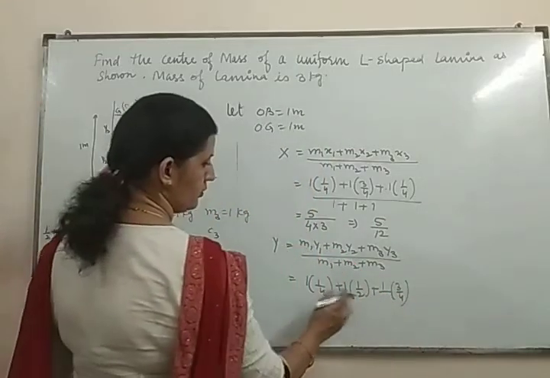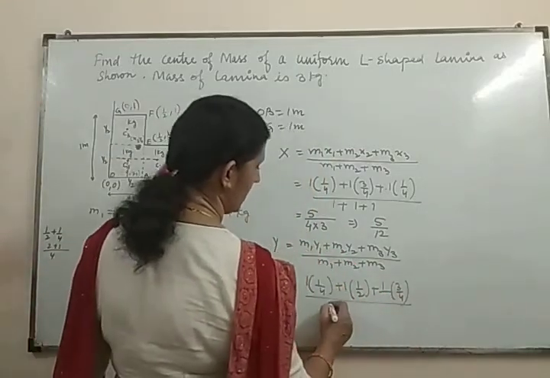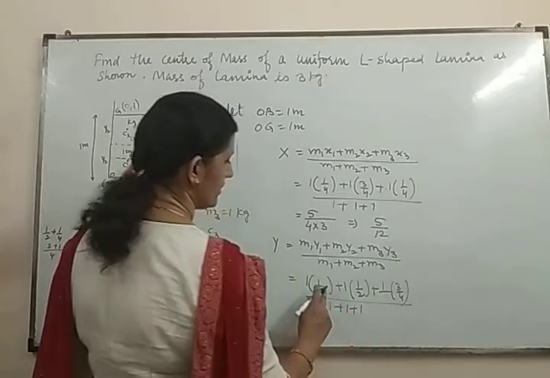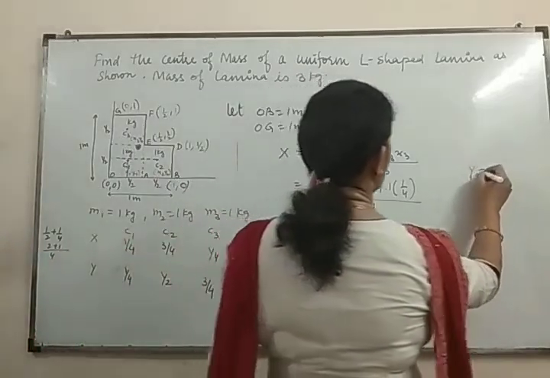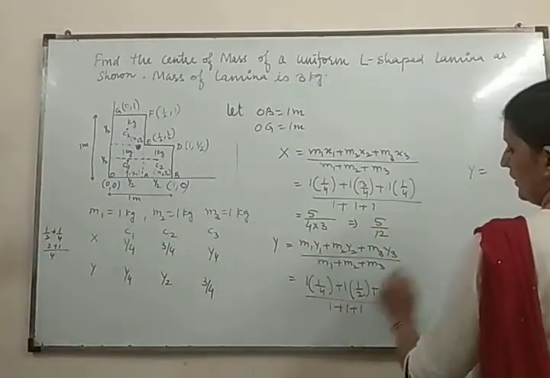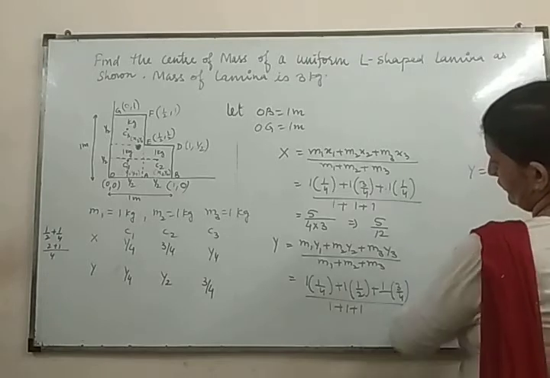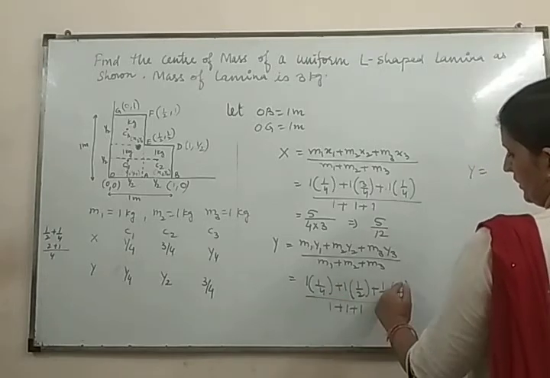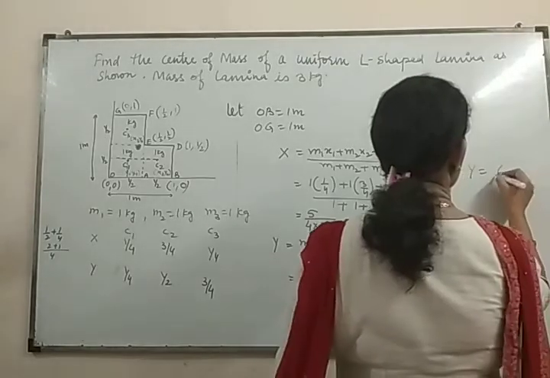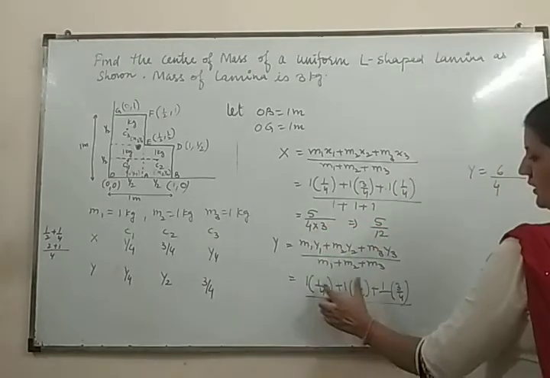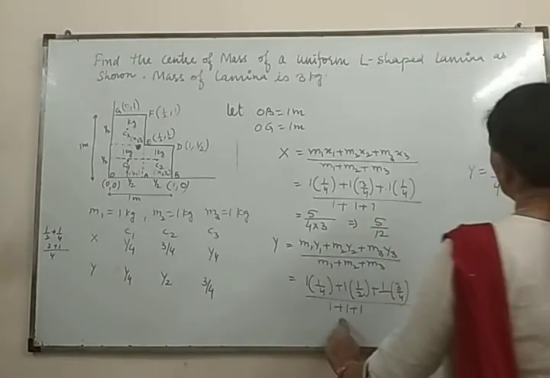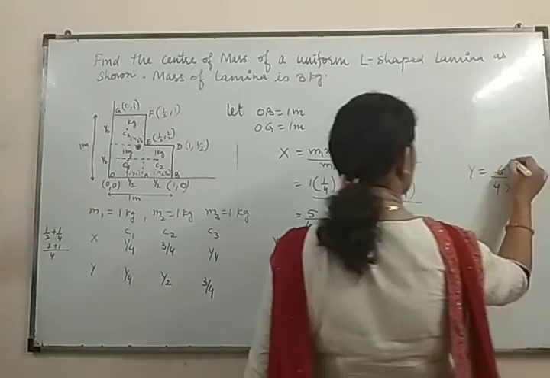You can solve it by taking the LCM, divided by 1 plus 1 plus 1. So y is equal to, this may be 2 by 4, 3 by 4 and 6 by 4. The value is 6 by 4. After taking the LCM, you have 6 by 4 and divide by 3. This is 2.